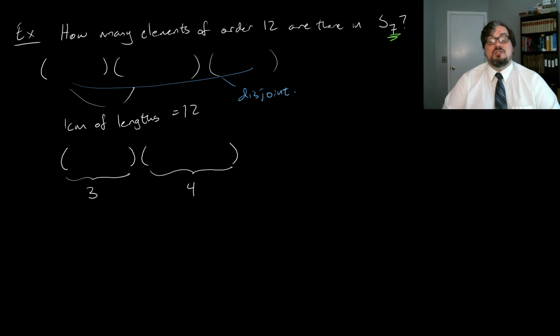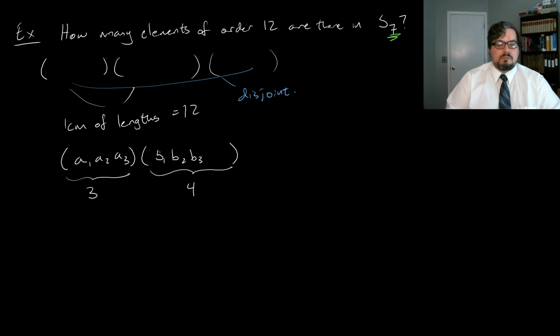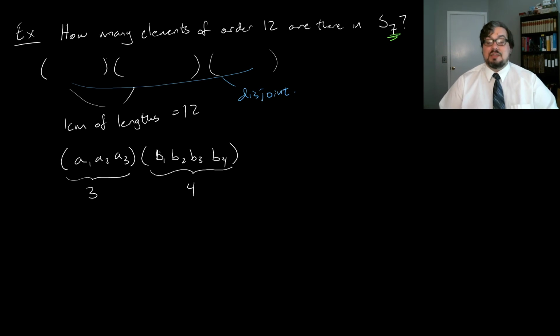This is the only way of constructing two cycles where the total number of elements is at most 7, because that's the number we have to work with, and where the least common multiple of those two is 12. So actually, let me write it this way. The only way for us to get a cycle like this is in this form: one cycle being of the form A1, A2, A3, the other being of the form B1, B2, B3, B4.